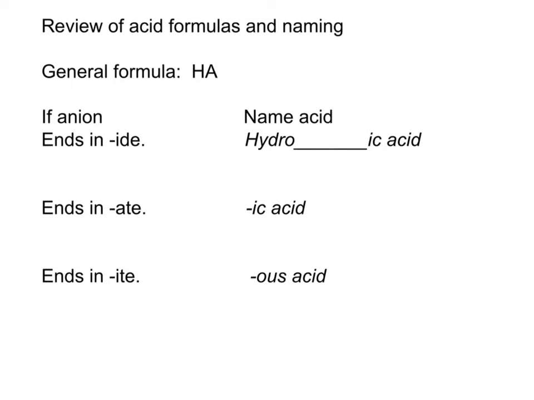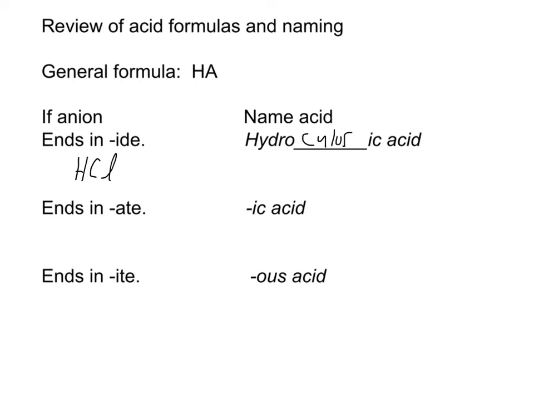If the anion ends in ide, like chloride or fluoride, the acid name is going to be hydro, then the stem of the anion name with an ic on the end. So for example, if we have hydrogen chloride, HCl, that's going to be hydrochloric acid.